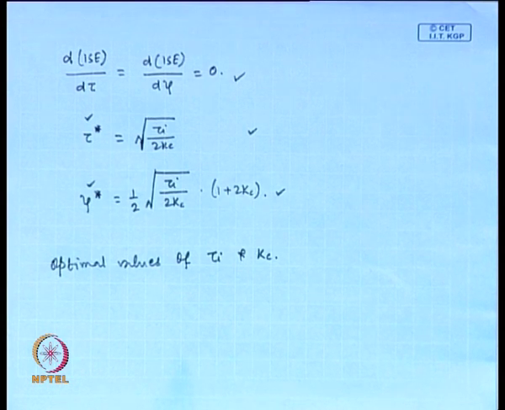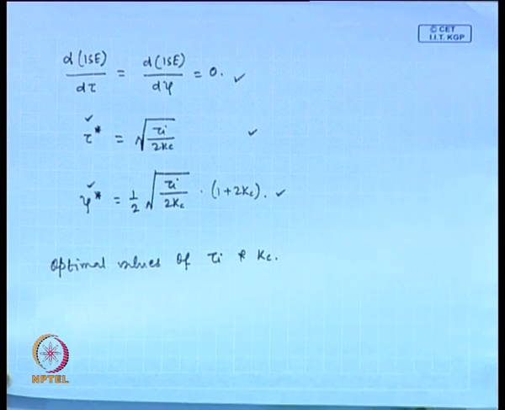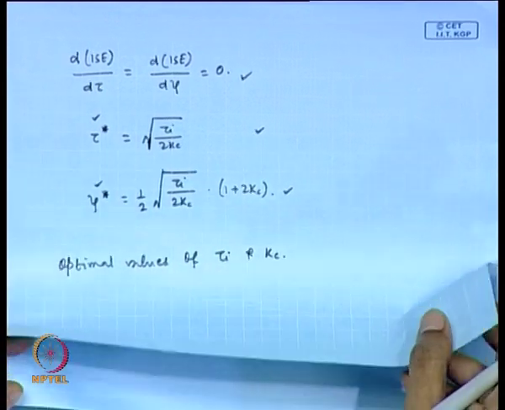So, in this way, by using the time integral performance criteria, we can obtain the optimal values of tuning parameters. Similarly, we can consider a PID controller and other time integral performance criteria, but the approach is like this.